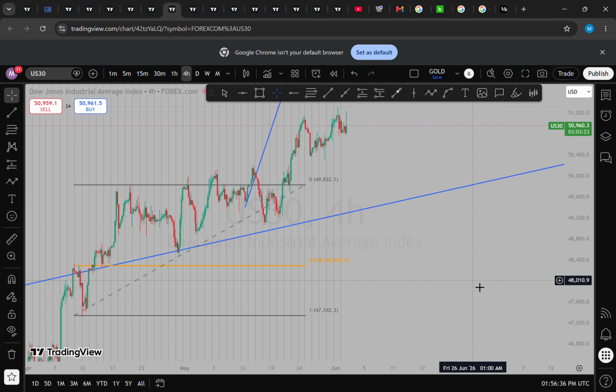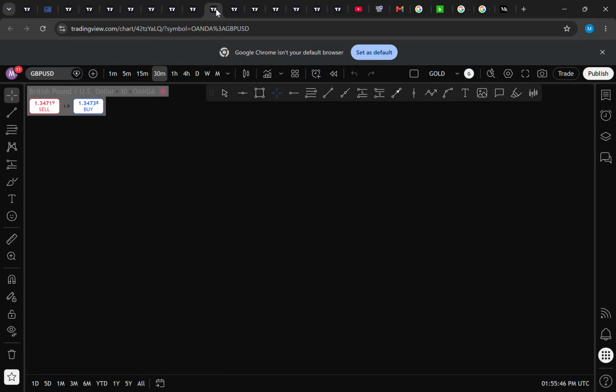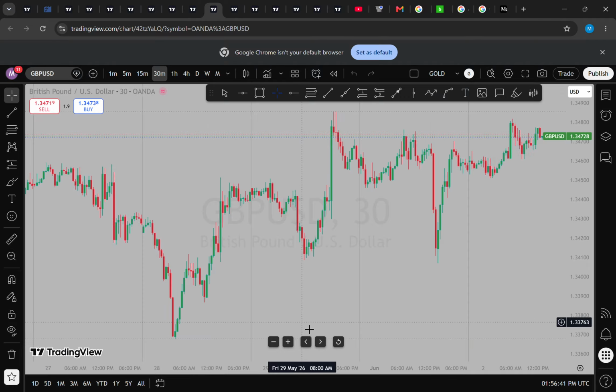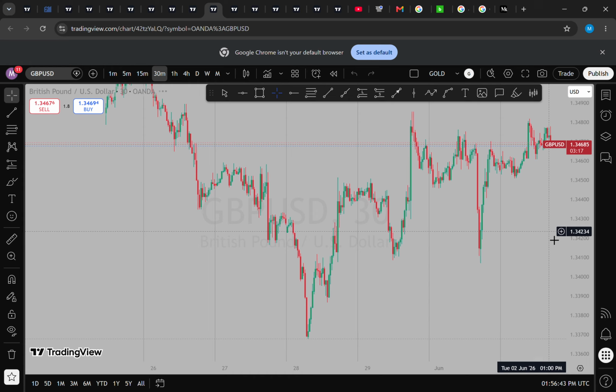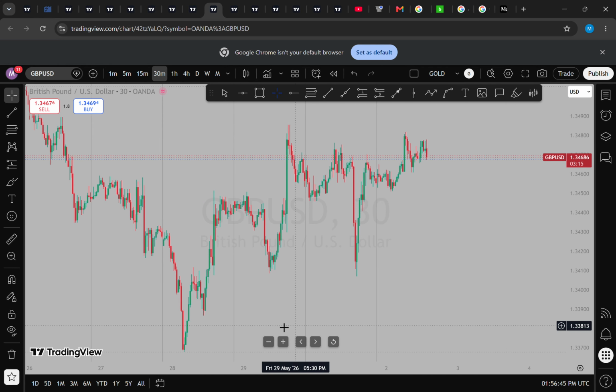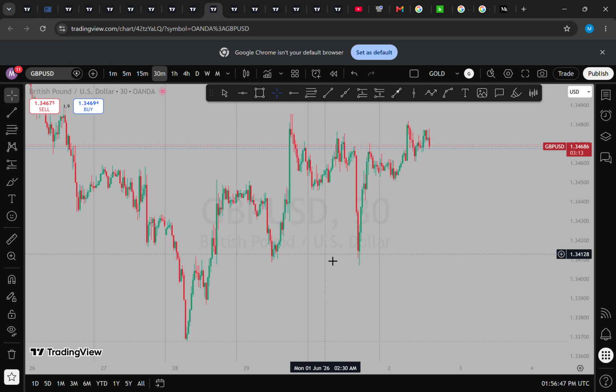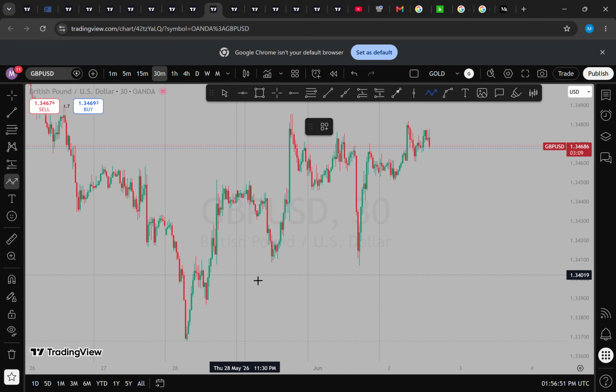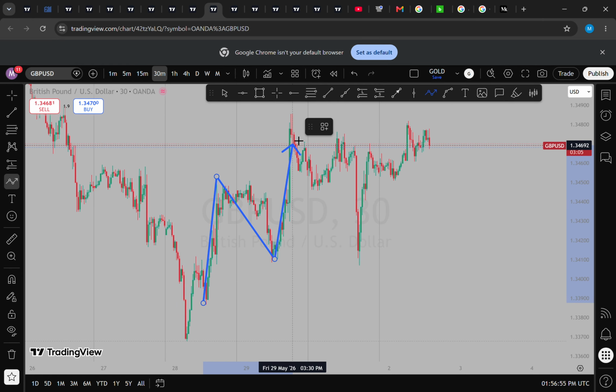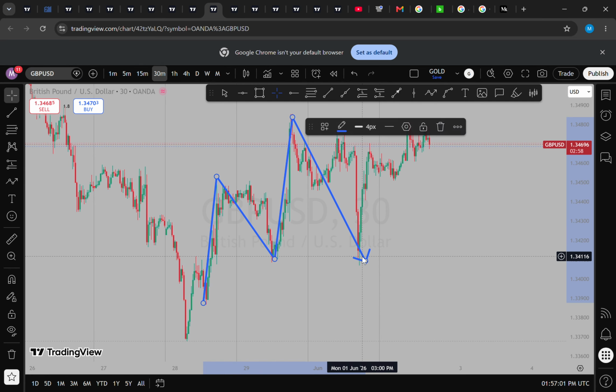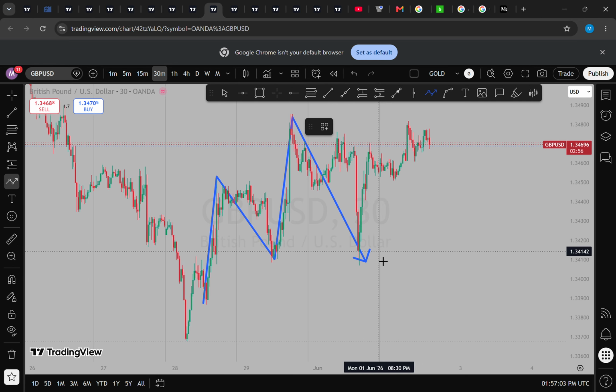There's no big deal right now, only if you keep checking more charts. You can see this one too. This is GU. You can see a massive structure here.